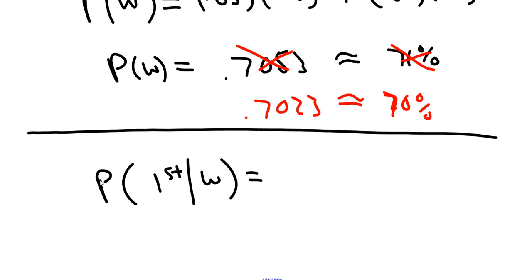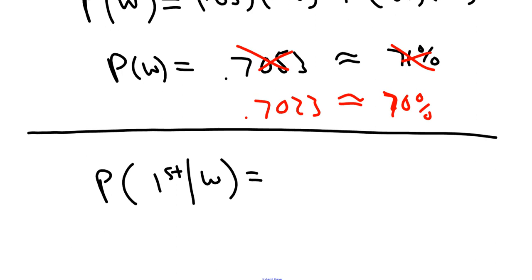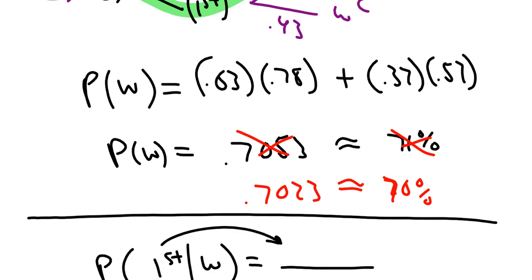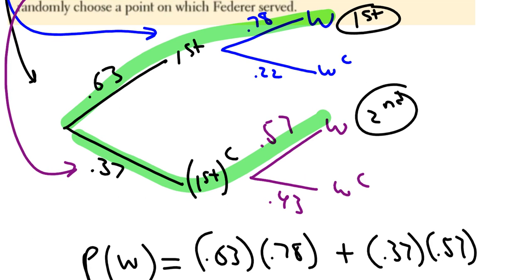So we can answer the question. Think about it, right? There's two ways to win the point. We already discussed that. So that becomes the denominator of our probability, because there's about a 70% chance that he's going to win the point, regardless of whether he wins the first serve or not. So then the numerator becomes the probability of just winning the first serve. We can do that by looking at just that top branch there. So it's 0.63 times 0.78.